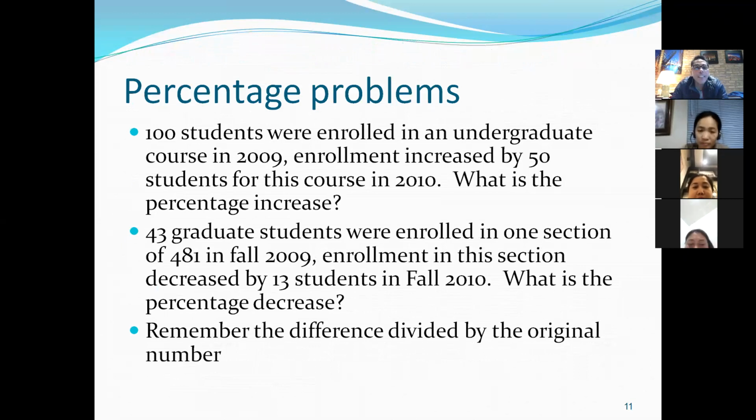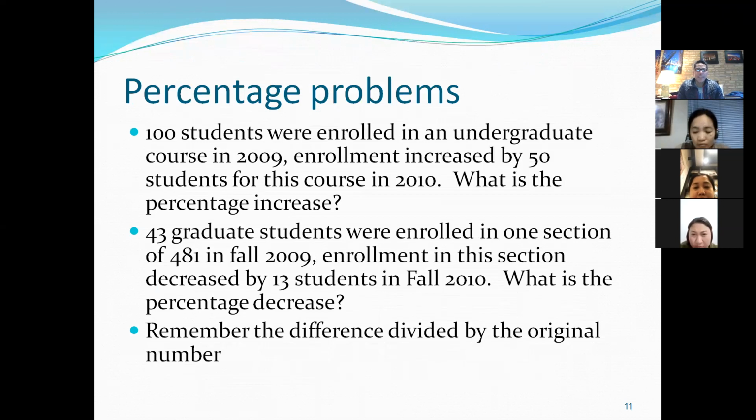So here we're going to continue again with percentage increase. 43 graduate students were enrolled in one section of nursing 481, that's the statistics, in fall 2009. Enrollment in the section decreased by 13 students in fall 2010.